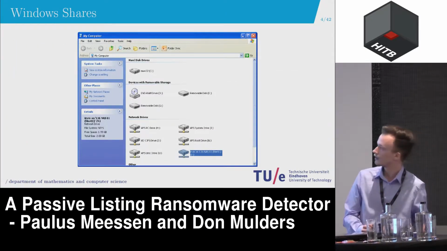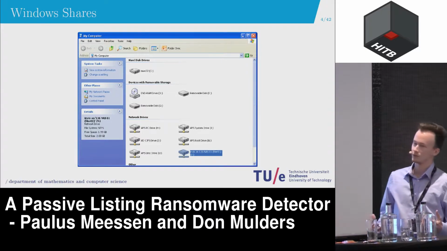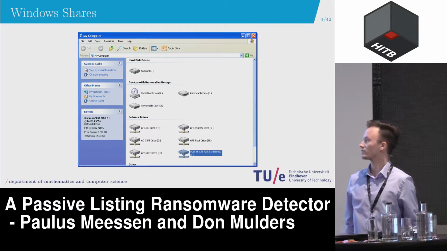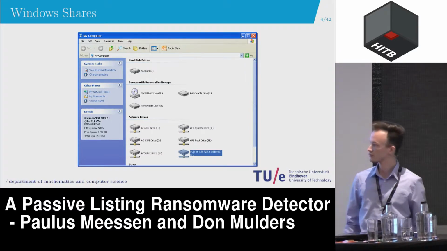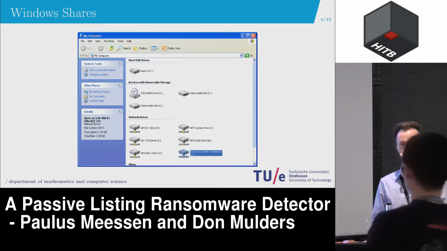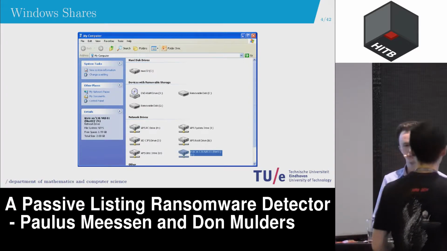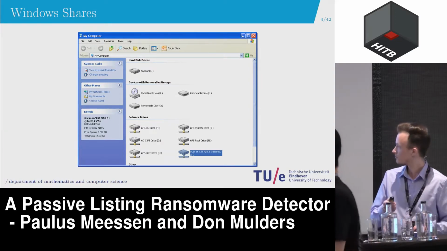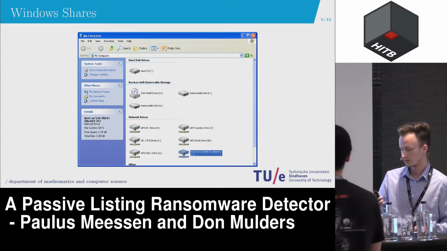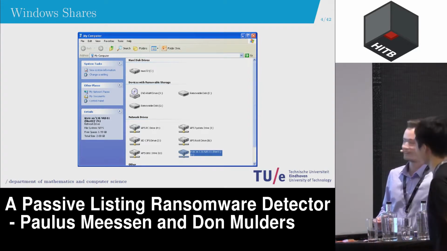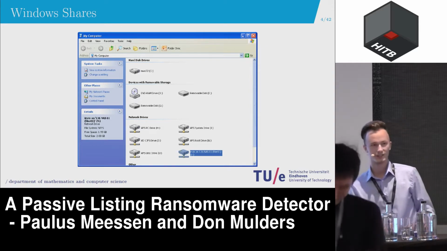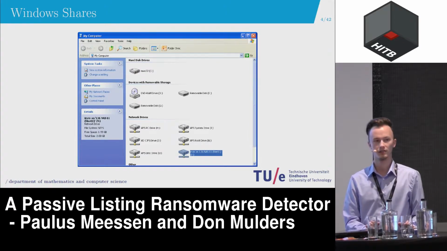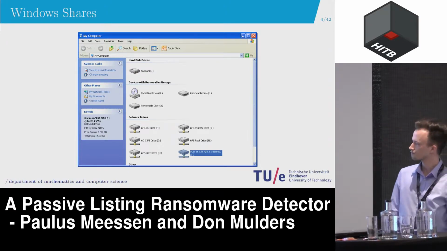So this is something that a lot of companies know: a basic computer interface with some Samba shares. These Samba shares usually hold some sort of information, and a lot of important information is stored on them.